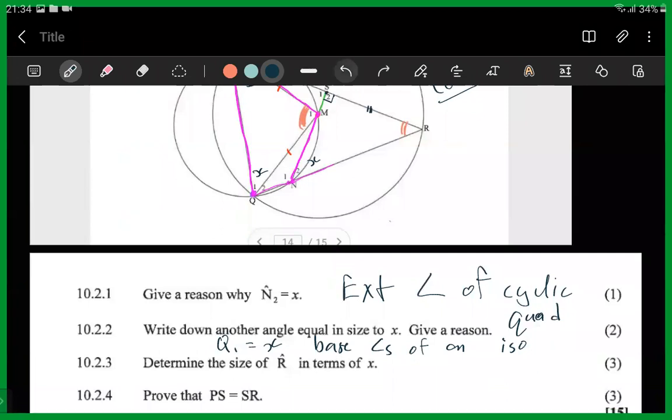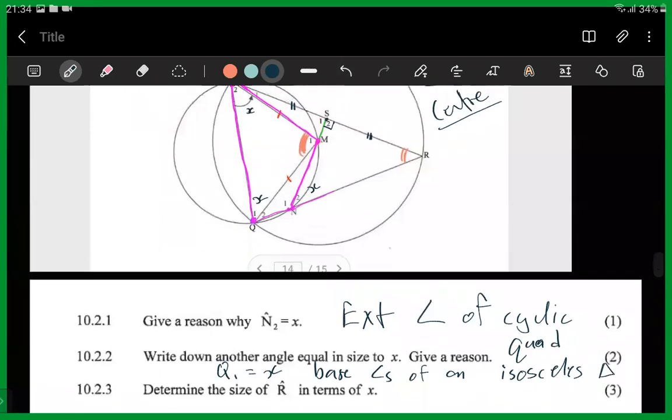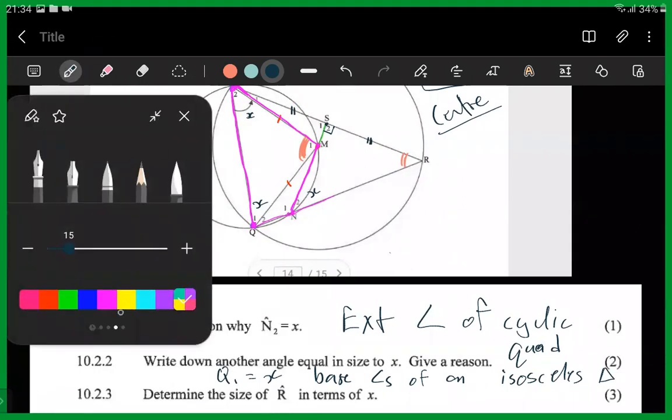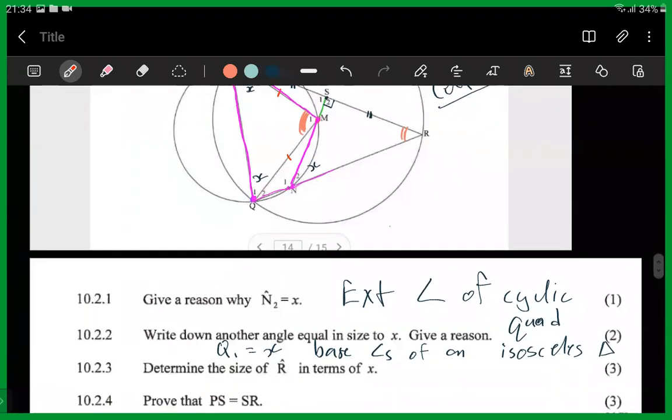How do you spell isosceles triangle? There we go. That's fine, right? I'm saying base angles of an isosceles triangle.